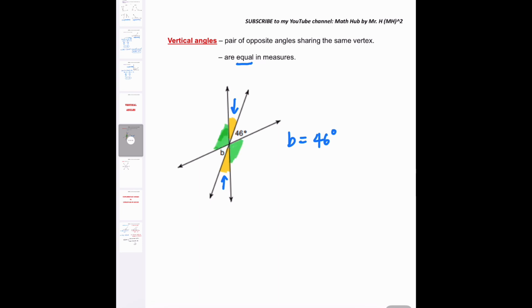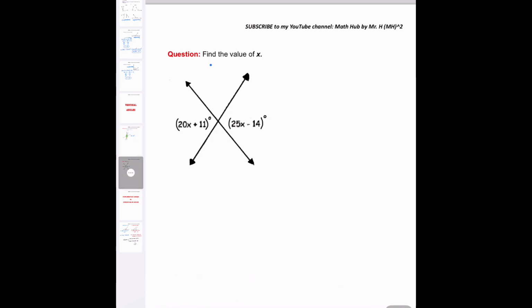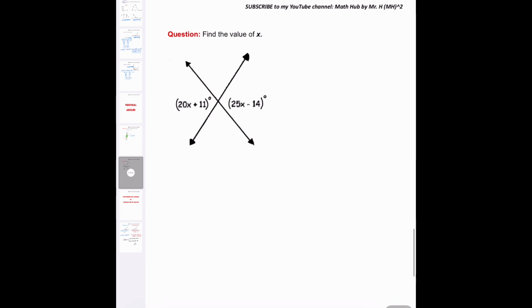So let's have a look at the first example. We are asked to find the value of x. Going back to the definition of vertical angles, in terms of measurement, vertical angles are equal. Now for this question, how are you going to write your initial equation?